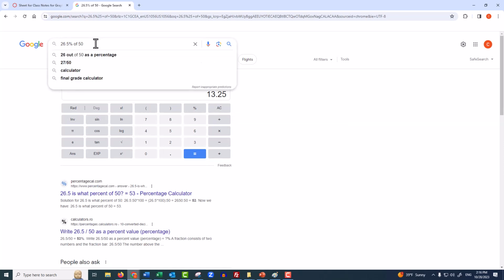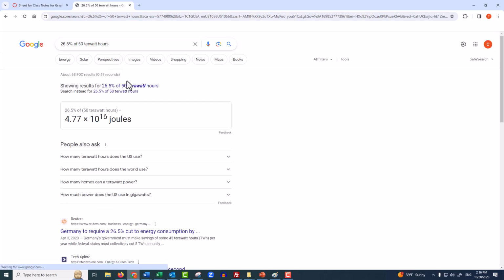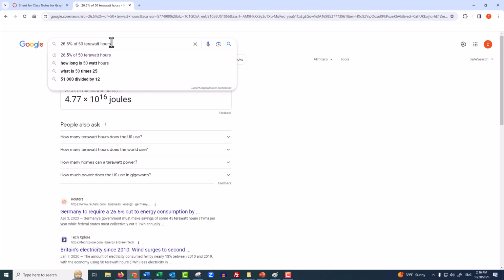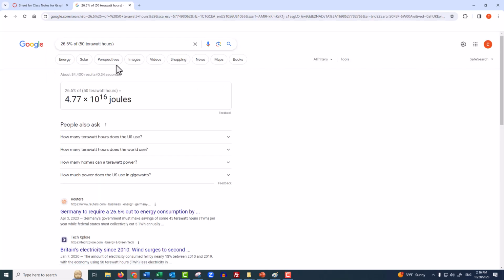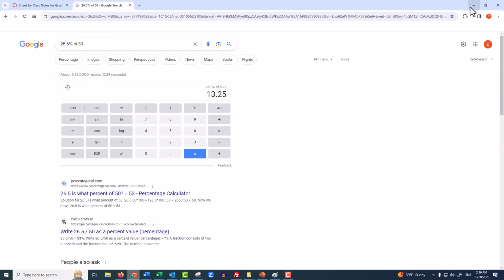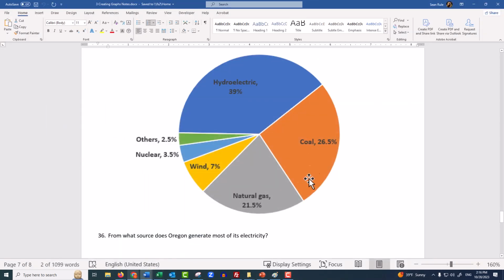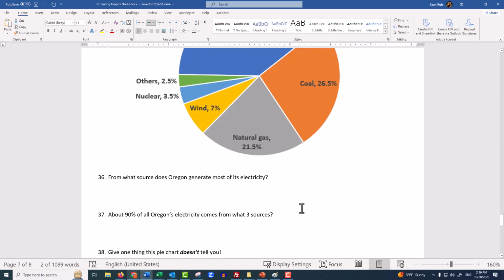I'm just curious how we can train Google maybe to. Nope, it wants to change it to joules. So we just have to know that it's terawatt hours: 26.5% of 50, and that's 13.25 terawatt hours of power.